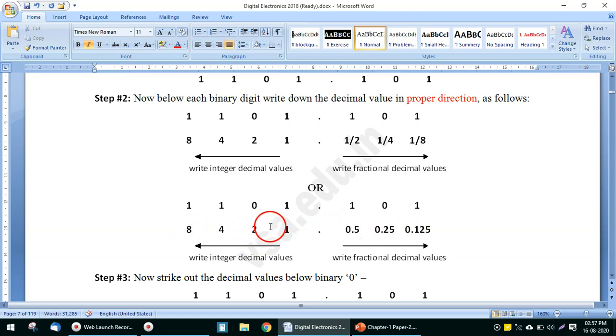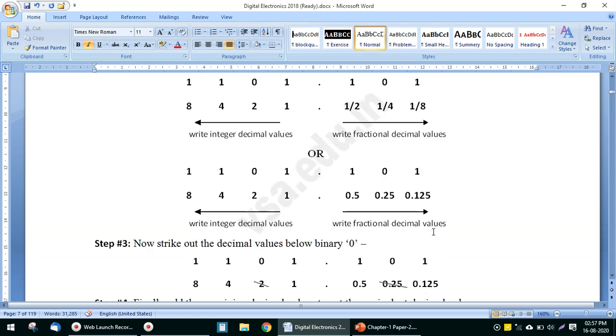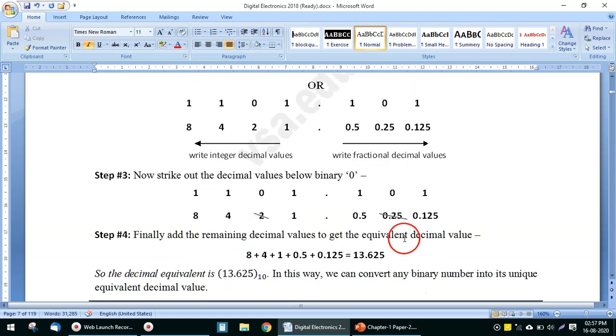Here we have written the integer decimal values, and here we have written the fractional values of decimal. Now what you have to do here? If you find a 0 in your binary number in the integer part or in the fractional part, then you simply have to discard, means scratch, the particular decimal value below binary 0.